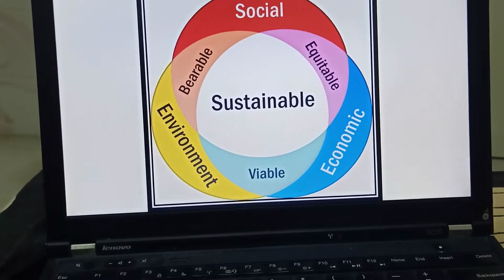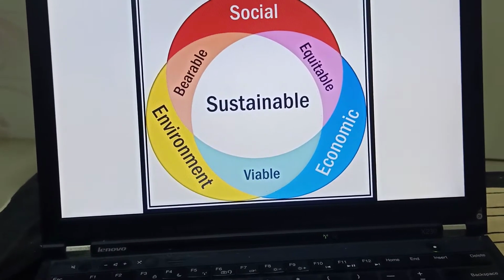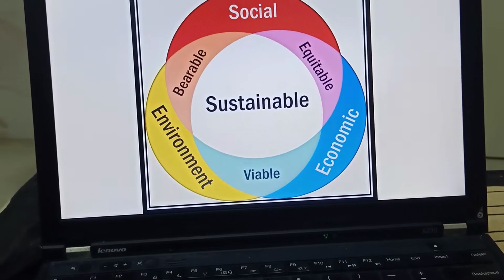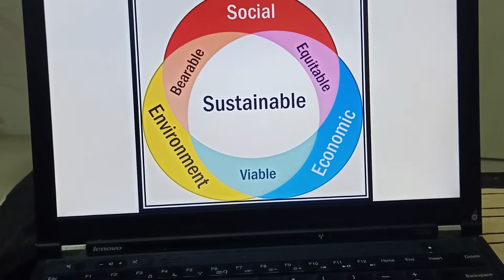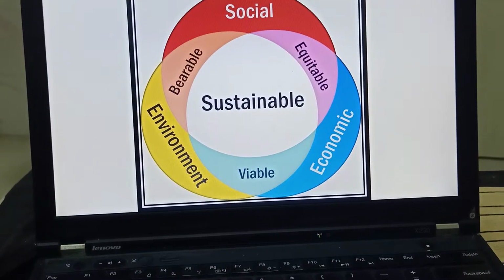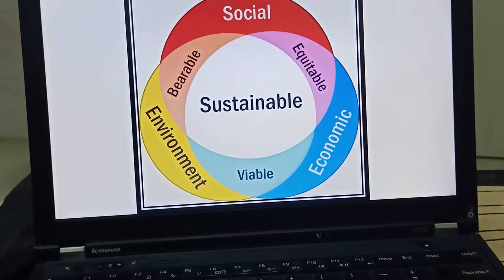The first one is economic. It is to attain a balanced growth where it includes profits, cost saving, economic growth of the country, research and development, which helps in increasing the economy of the nation.